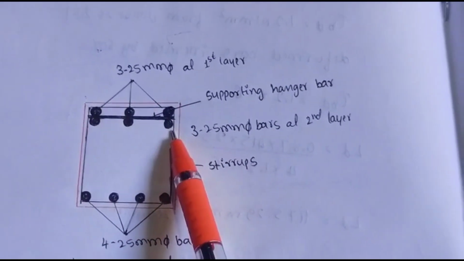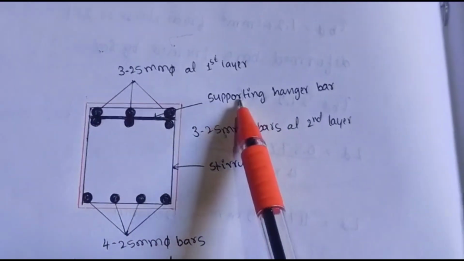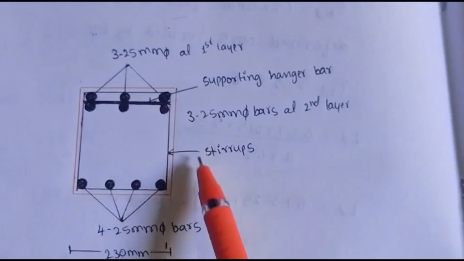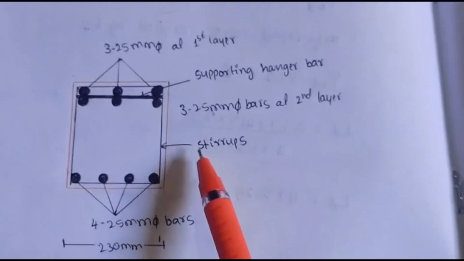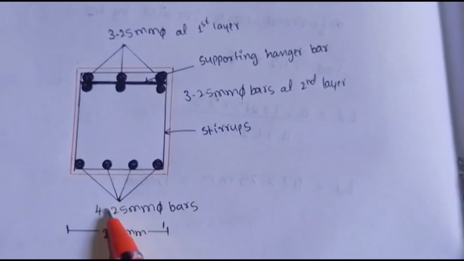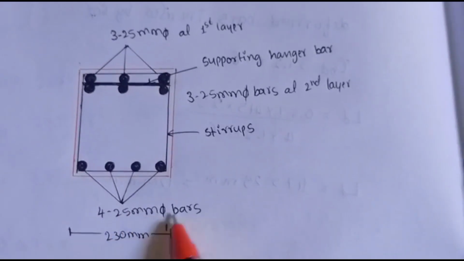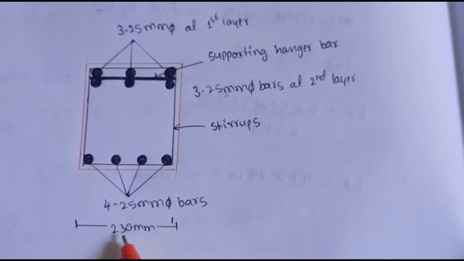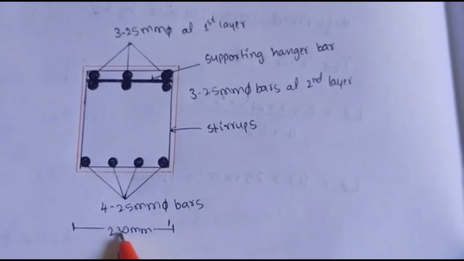This is the supporting anchor bar, these are the stirrups, these are the 4 numbers of 25 mm diameter compression bars, and 230 mm is the width of the beam.